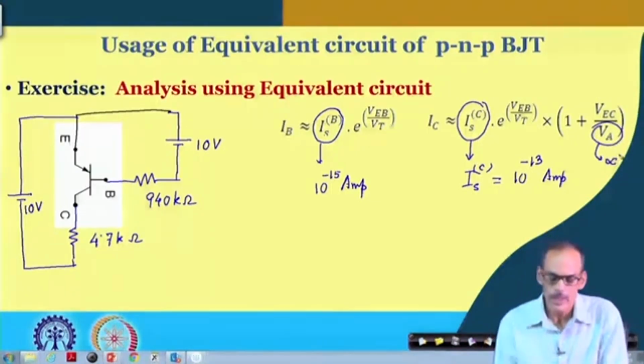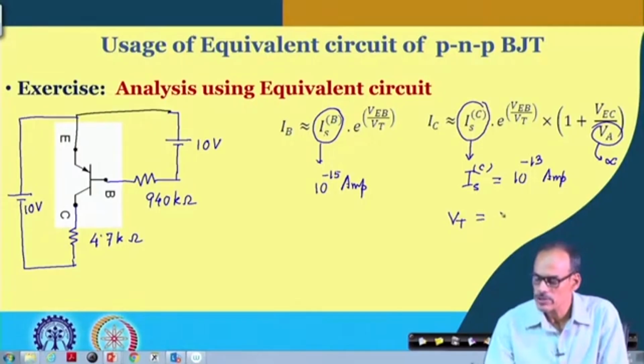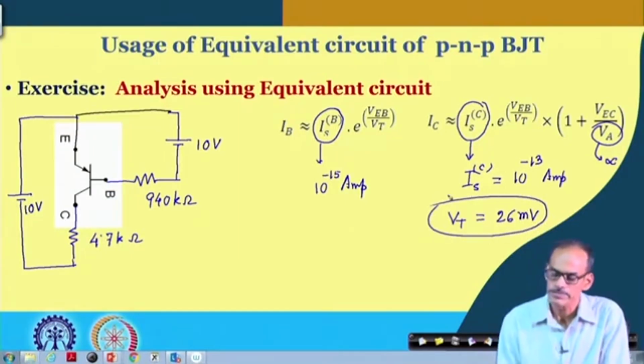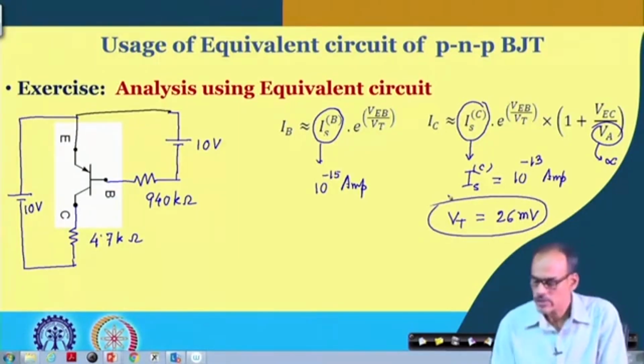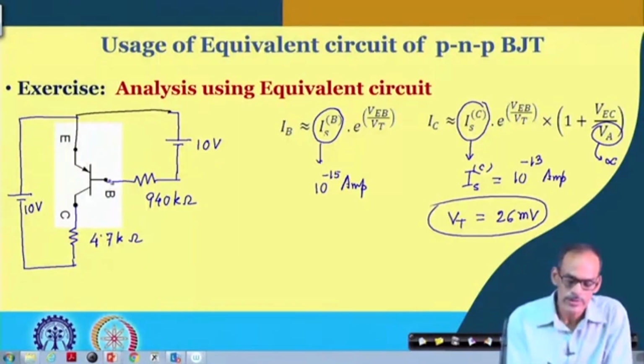If we analyze this circuit again, of course, we need to get this VT. You may use 26 millivolt, typically what we do at room temperature. Here also you can see that the drop here is close to 0.6.